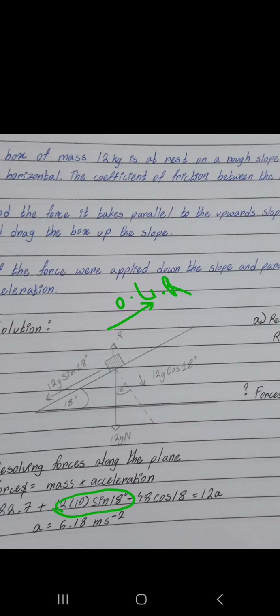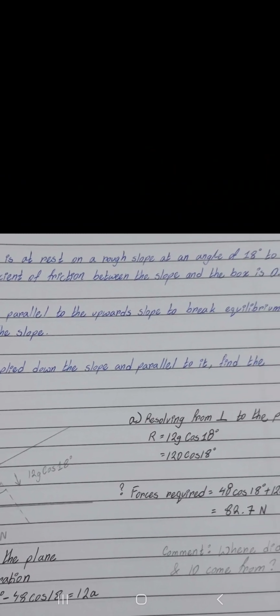Now they don't seem equal. So in case these two weren't equal, they don't cancel each other. This means that the coefficient of friction, I don't know, they should be equal, unless the coefficient of friction has changed.